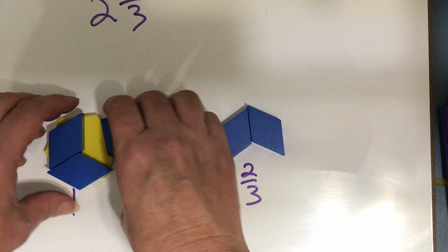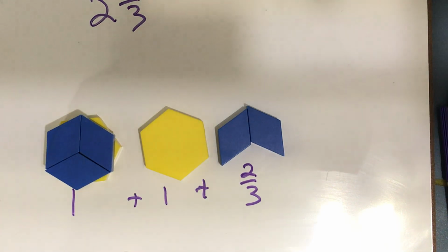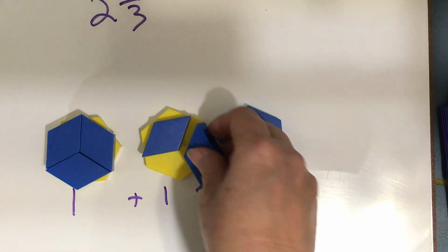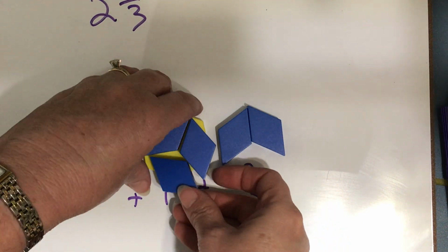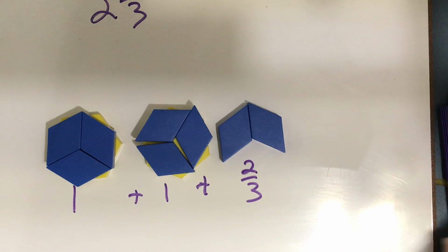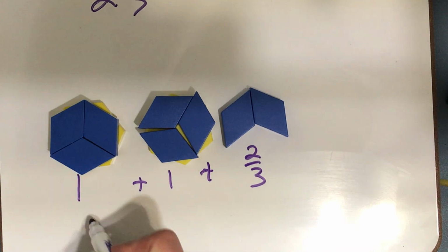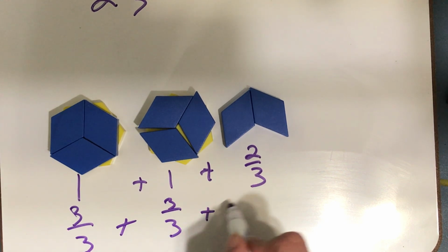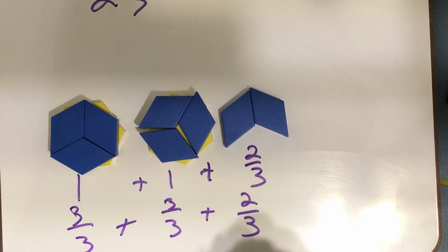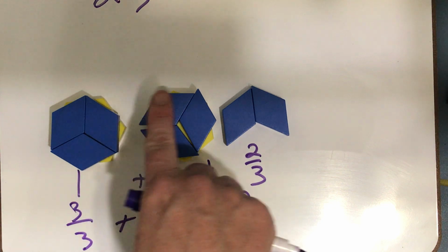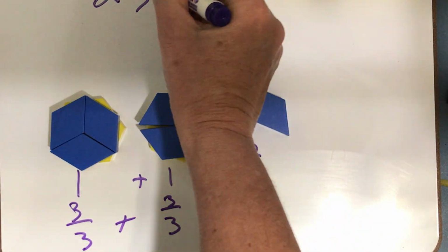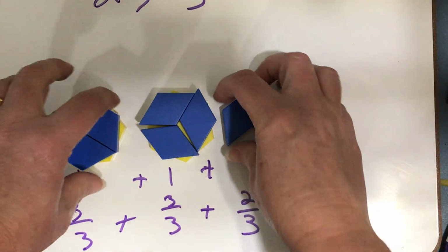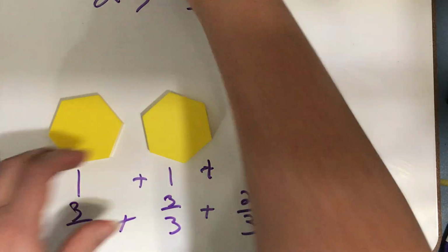So I have 3/3 plus 3/3 plus the 2/3 that I already had. So that would be 3, 6, 7, 8. That equals 8/3.